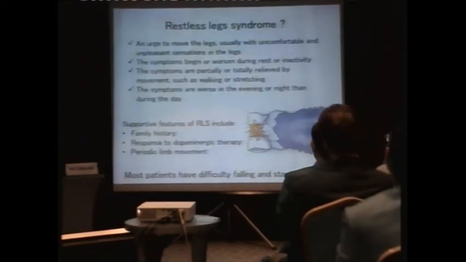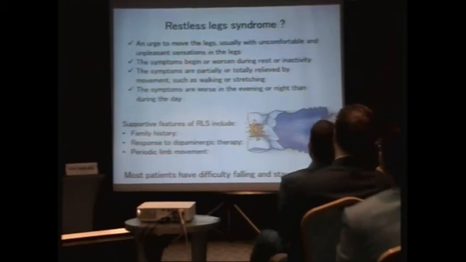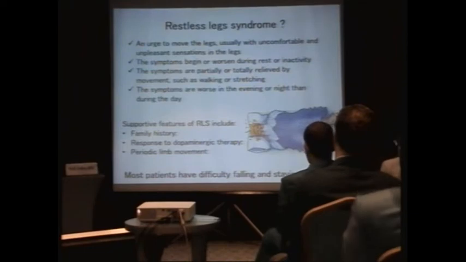As you know, restless leg syndrome has 4 major symptoms. Symptoms begin or worsen during resting time, and are partially or totally improved by movement or walking. Symptoms occur in the evening or at the beginning of sleep.